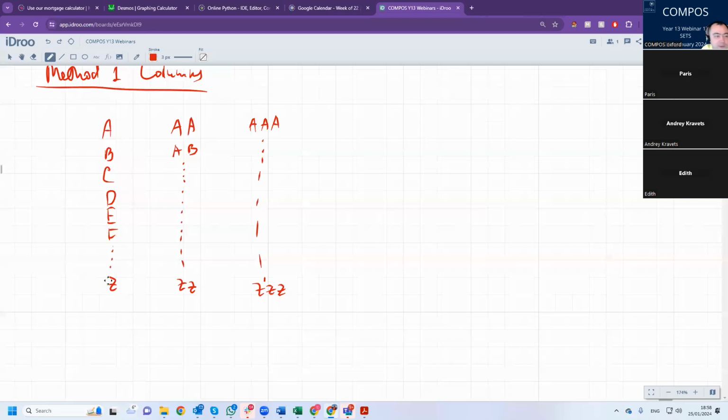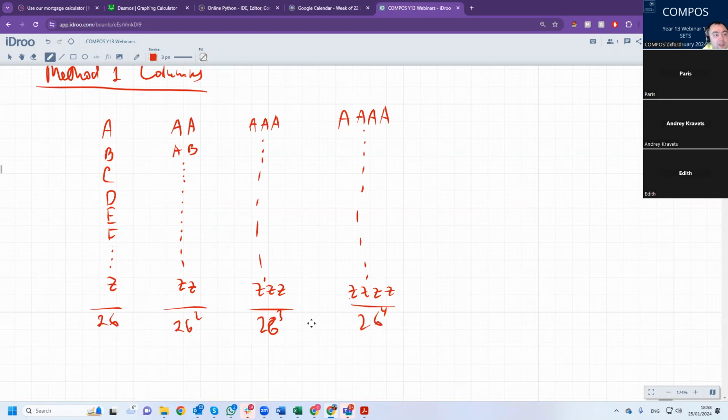How many words in the second column? Easy, 26. Here we have 26 squared. We have 26 cubed. 26 to the power 4. And how do we know that this set is countable?